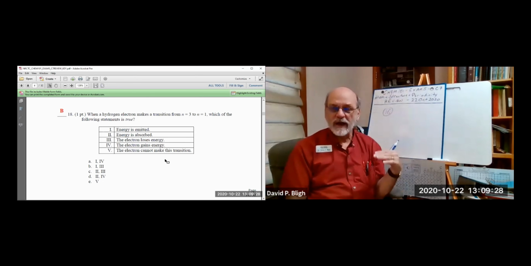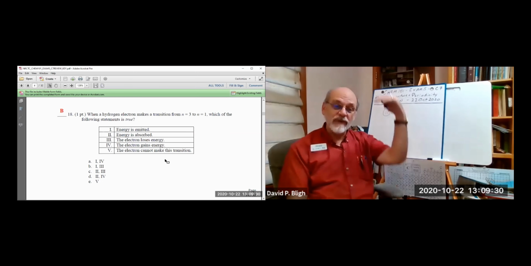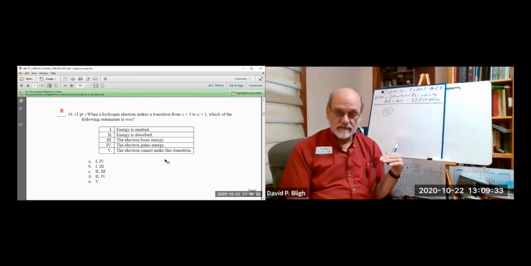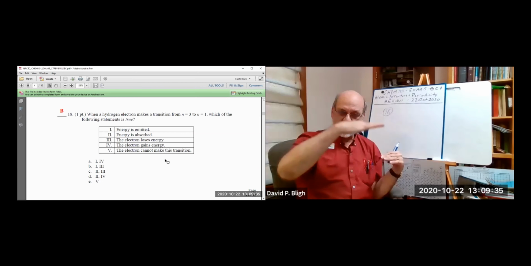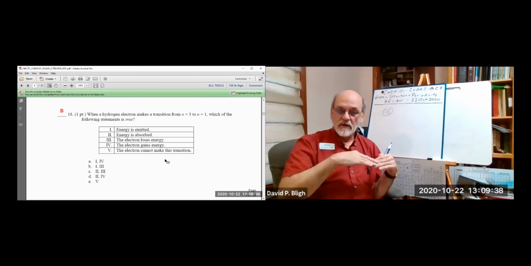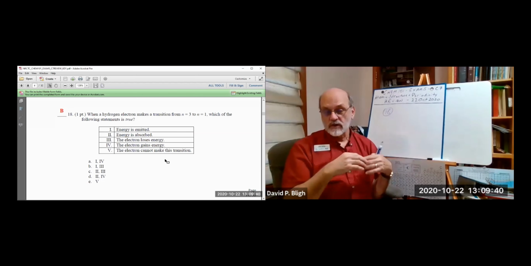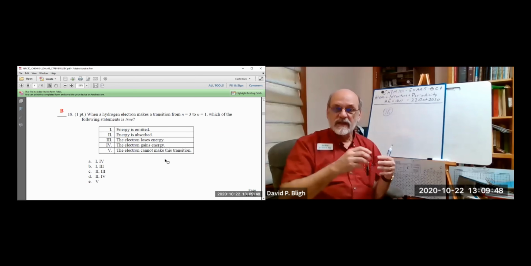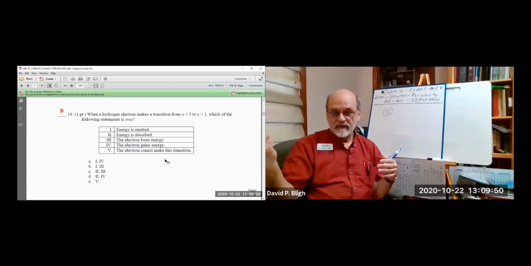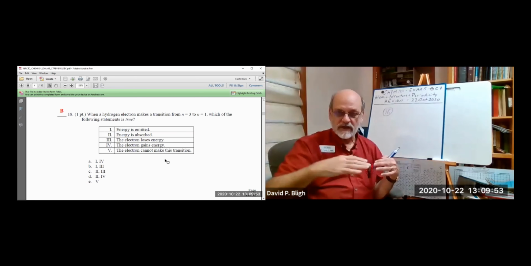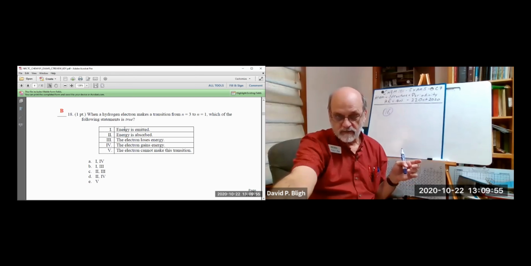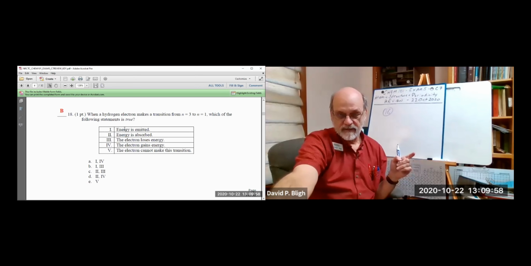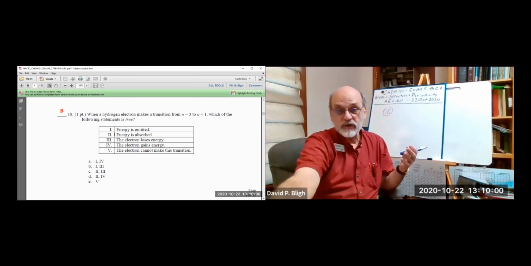If it goes from 3 to 1, it's going from high energy to low energy. So if it loses energy going through that transition, where does that energy go? Because you cannot create or destroy energy, it's got to go somewhere. For those transitions, it emits light. So from a higher energy to a lower energy, Roman numeral 1 is true. Energy is emitted, which automatically disqualifies 2, energy is absorbed. They can't both be right.